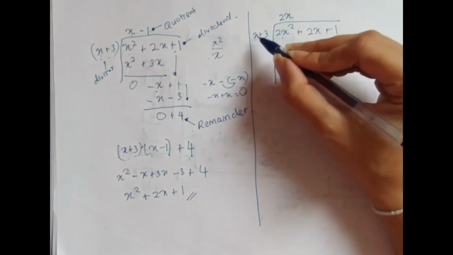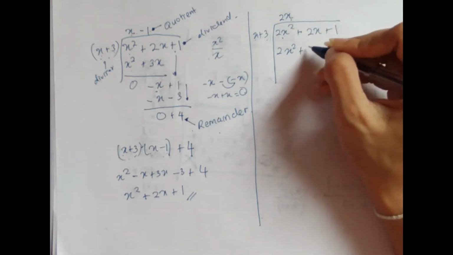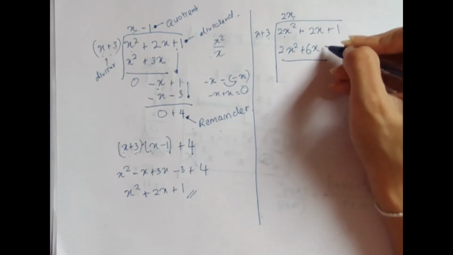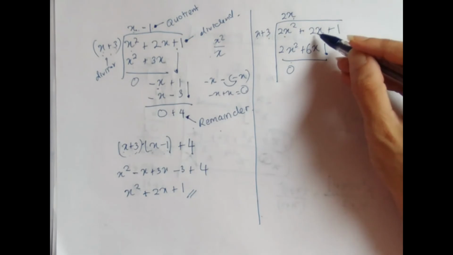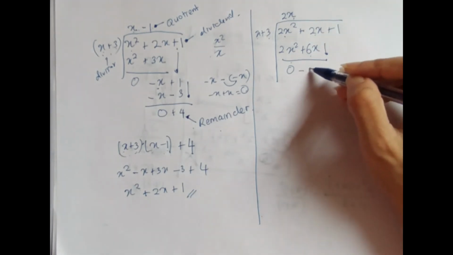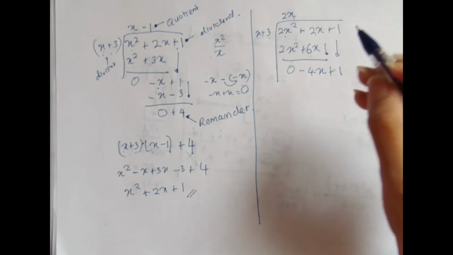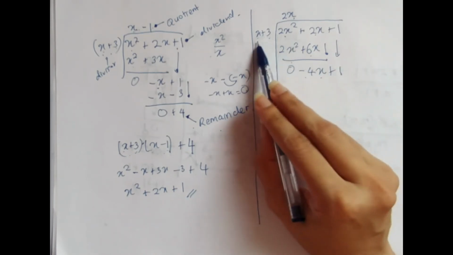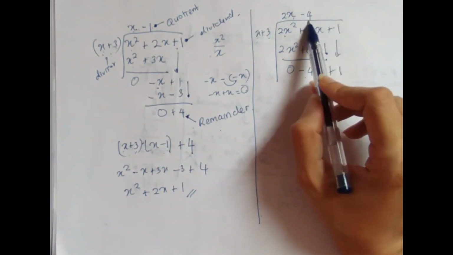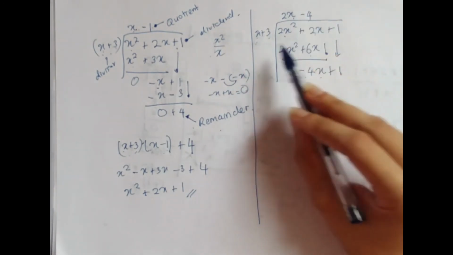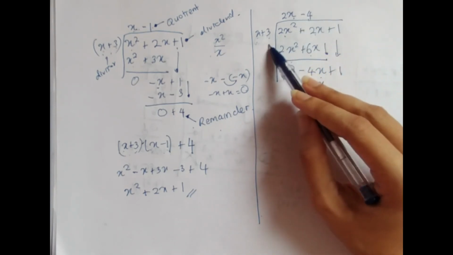Then 2x into x is 2x squared, 2x into 3 is 6x. Then I subtract, and this will be 0. 2x minus 6x is minus 4x, and I get plus 1 here. Then minus 4x divided by x gives minus 4. Minus 4 into x is minus 4x.